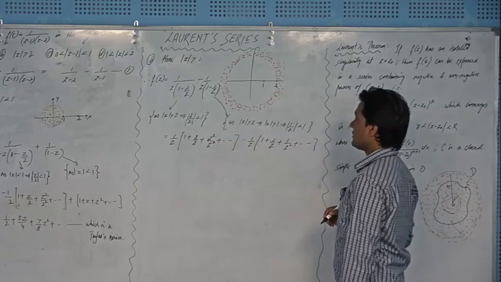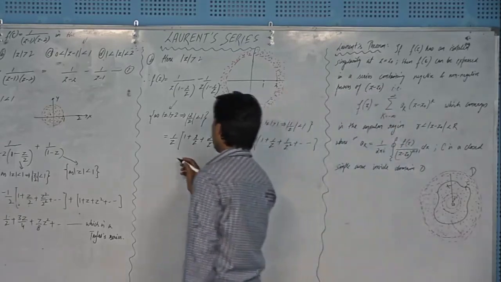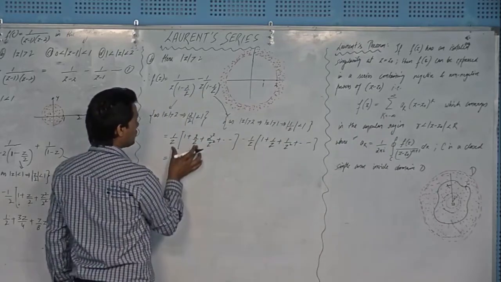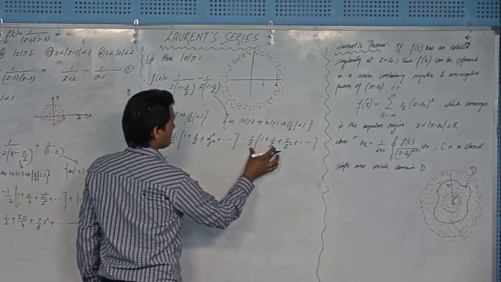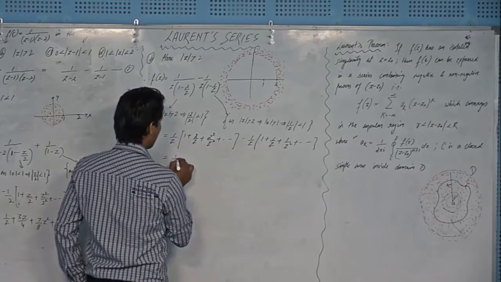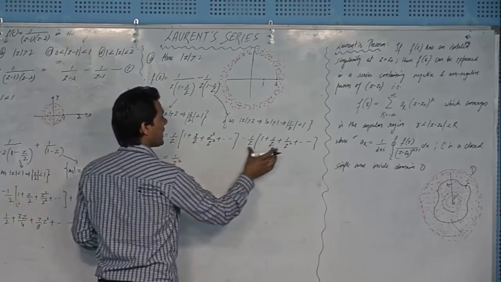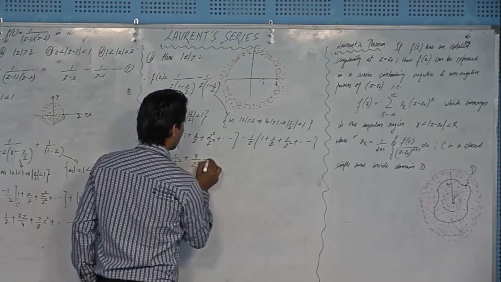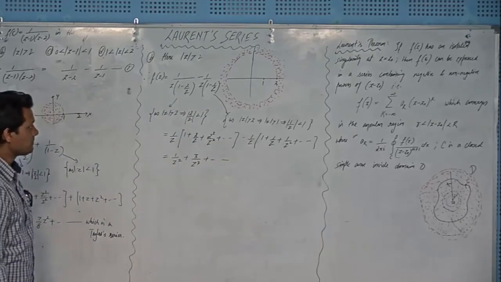You can see that all powers are negative powers. 1 by z minus 1 by z will cancel, 2 over z square minus 1 over z square becomes 1 over z square, then 4 upon z cube minus 1 upon z cube becomes 3 over z cube, and so on. So all powers of z are negative.